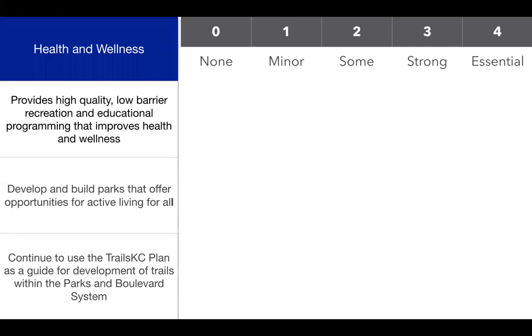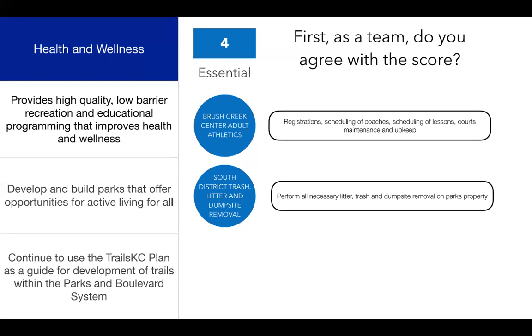A quick example of some ways to view the data. So this is looking at the health and wellness result area. And these are a couple of programs that scored as essential in the health and wellness result area. So it's just taking a look at each one of these programs and deciding as a team, do you agree with the score?